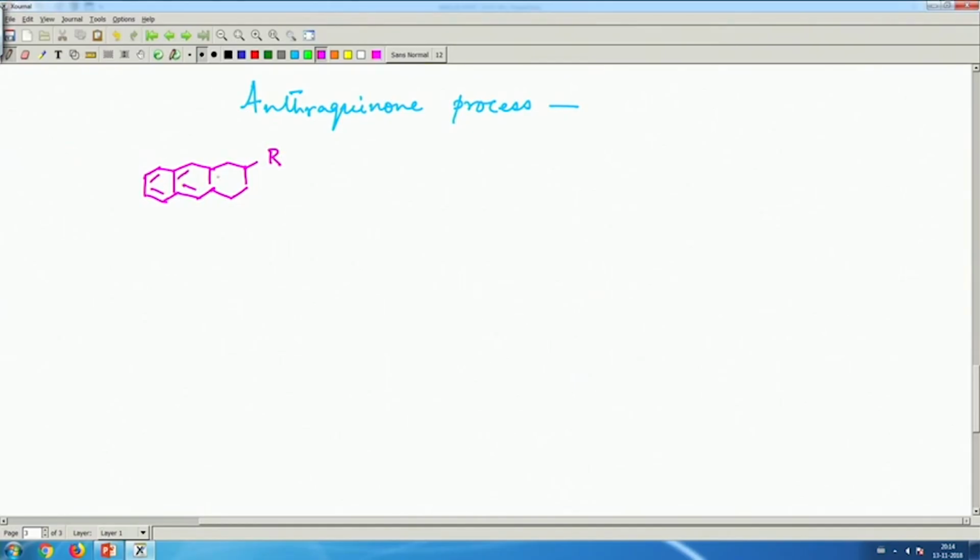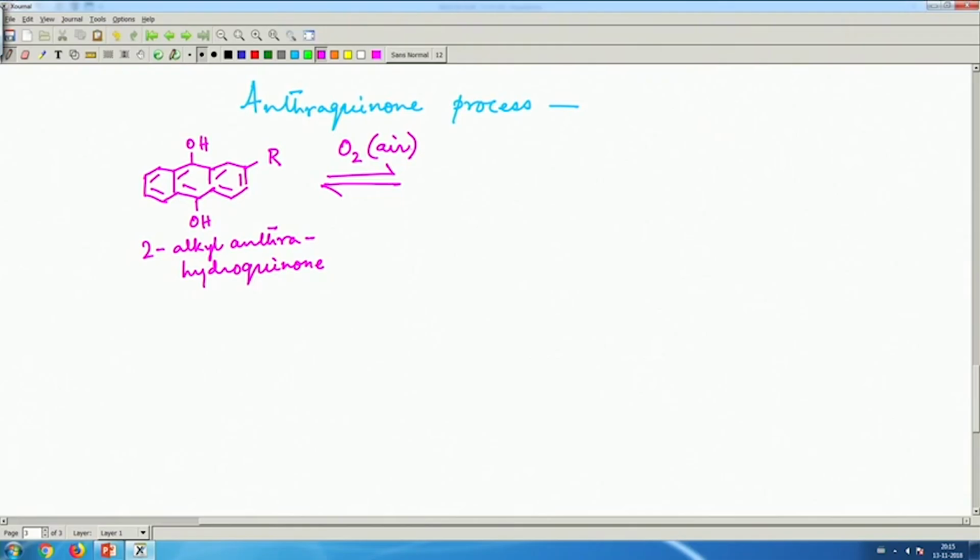So, we can have 2-alkyl anthra-hydroquinone, which is oxidized by O2 of air at 30 to 80 degrees centigrade and 5 bar pressure.